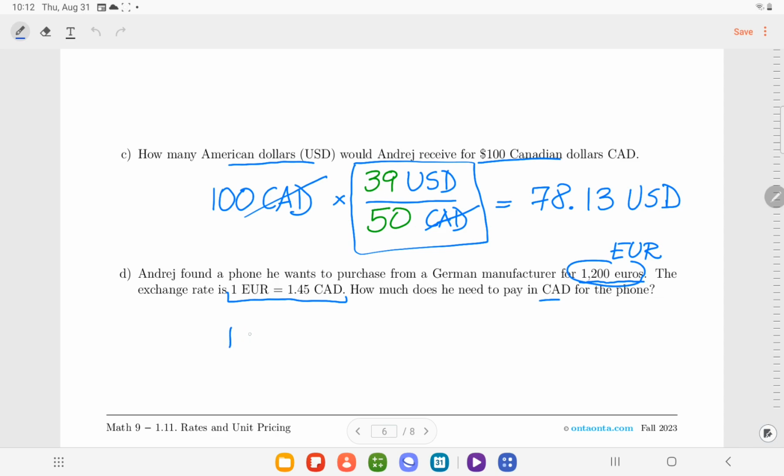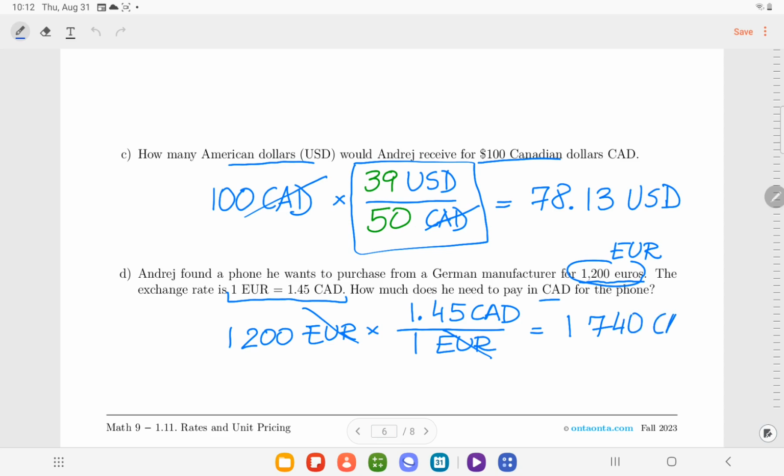We start with 1,200 euros and use the exchange rate: 1 euro is 1.45 Canadian dollars. We put euros on the bottom so we can cancel the unit euro, and Canadian dollars on the top because we want the price in Canadian dollars. 1,200 times 1.45 divided by 1 is 1,740 Canadian dollars.